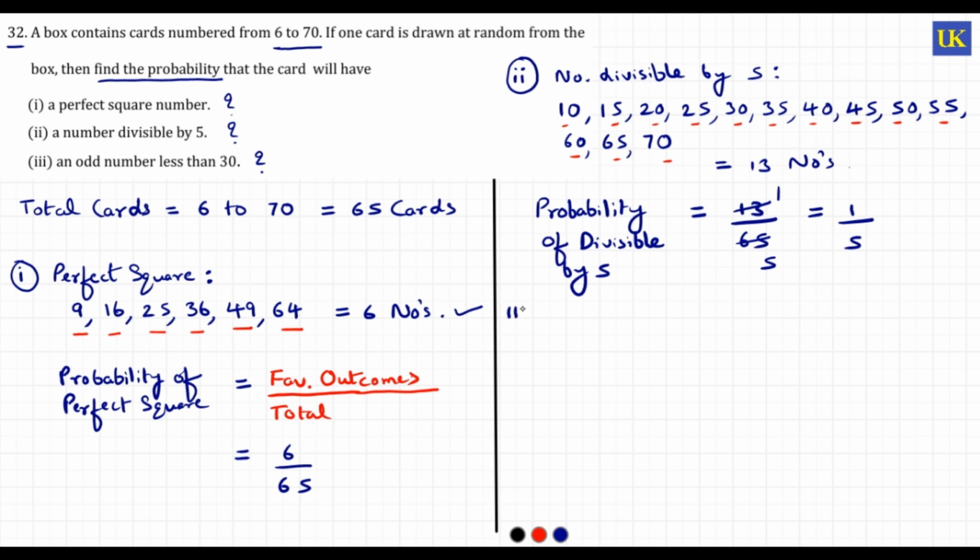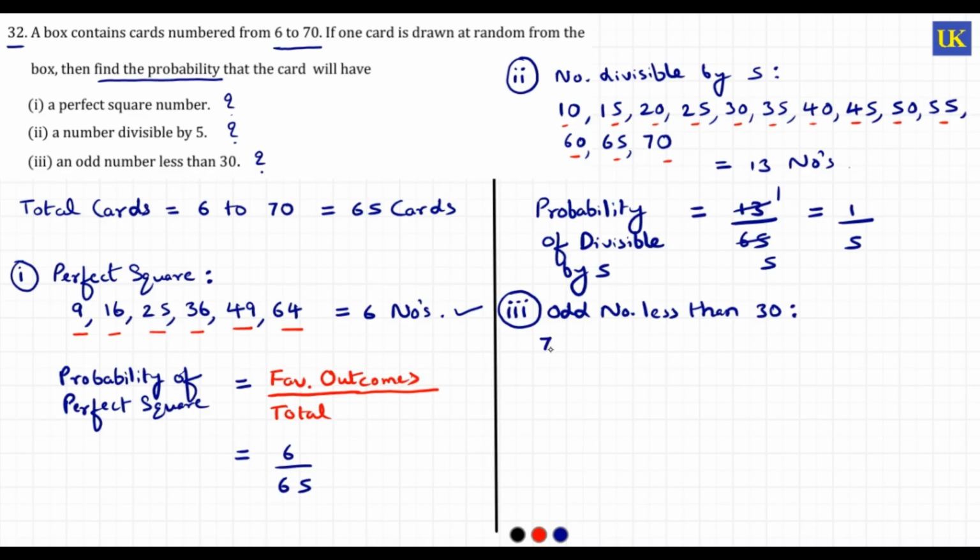The third sub question in this one. Now an odd number less than 30. So after 6, 6 is even.